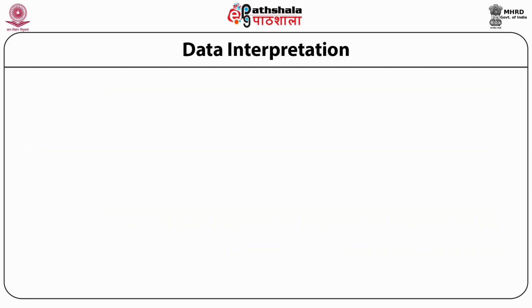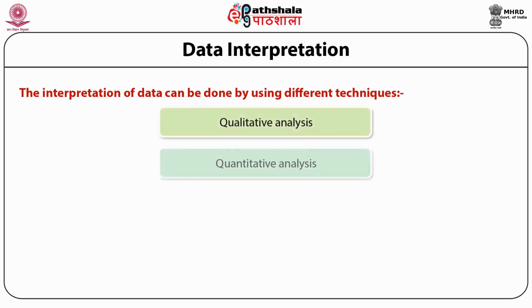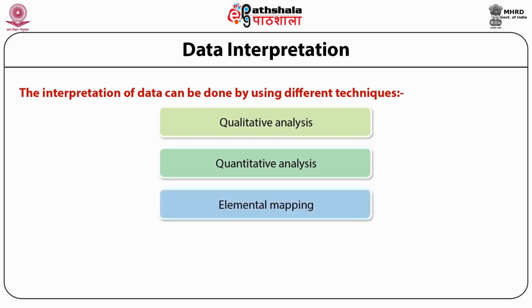About the data interpretation. Once the sample is prepared, the process begins and there comes the point where we need to interpret the data. The interpretation of data is broadly done by using different techniques like qualitative analysis, quantitative analysis, elemental mapping, and line profile analysis.